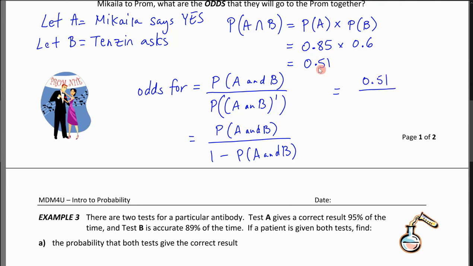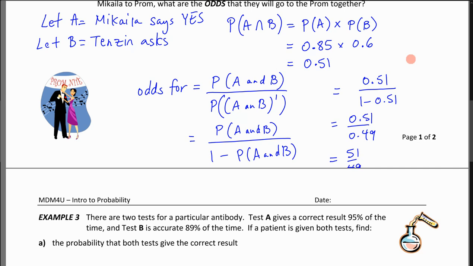And if it's a 51% chance that they go to the prom together, then it's a 49% chance that they don't, because the probabilities have to add up to 100. So 1 minus 0.51. And so that's 0.51 over 0.49. Or I can just say 51 over 49.